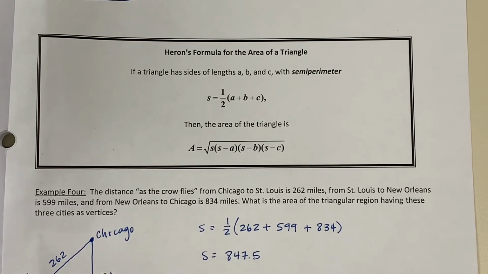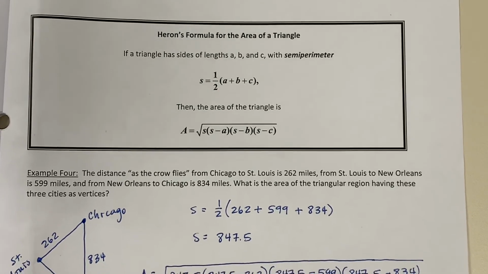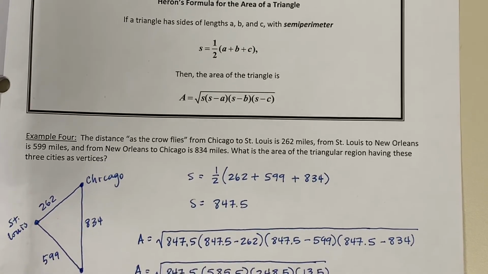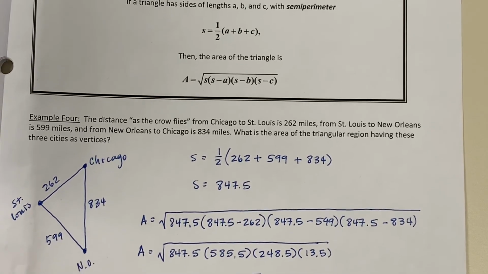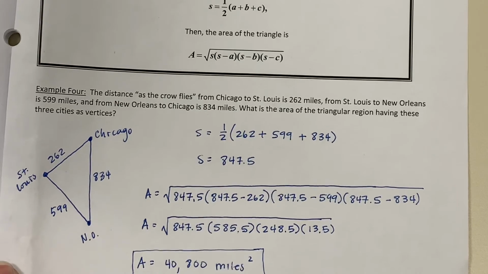Semi is half, so we add up the 3 sides of the triangle, divide it by 2, and that's half the perimeter, or the semi-perimeter. Once we know the semi-perimeter, then we can find the area of the triangle by finding the product of the semi-perimeter and the difference between the side lengths and the semi-perimeter. Then we take the square root of that.